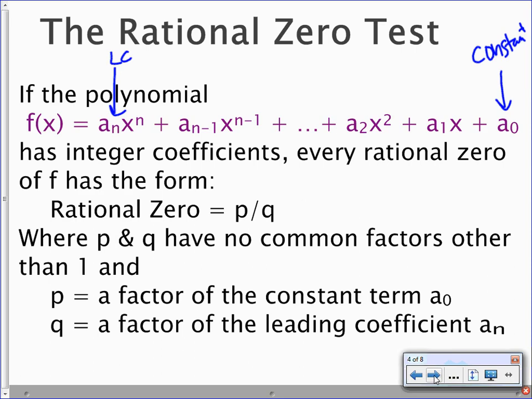So what we can do with this information is create a list of possible zeros based on that criteria. And we can narrow down our infinite pool of numbers to just a little kiddie pool of numbers, right? That we can check using synthetic division to see if they work in our function or not.